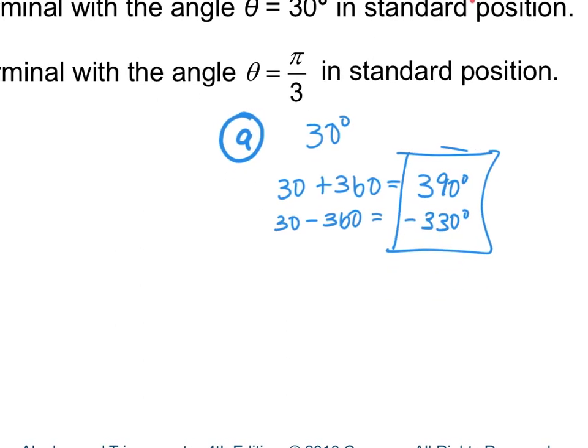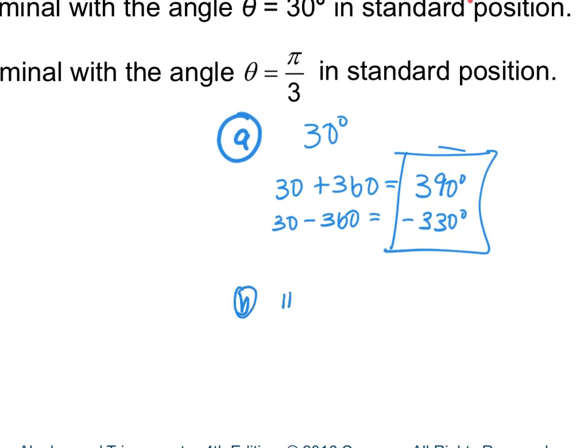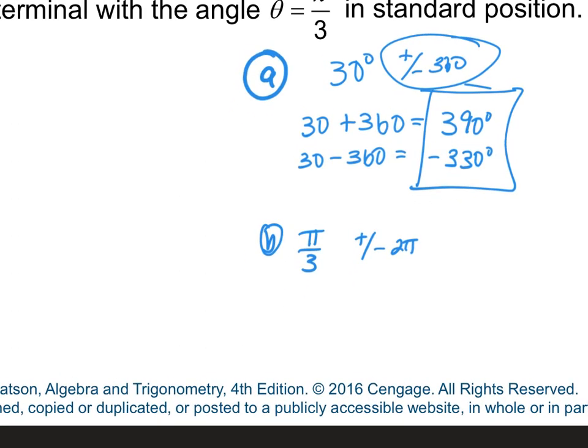So if I have pi over 3 and I'm looking for coterminal, okay, here's my angle, pi over 3. When I see pi over 3, what do I think? I think plus or minus 2 pi. Good, plus or minus 2 pi. Okay, this is a little more involved because we have to get a common denominator, but whatever. So remember, the angle goes first. Pi over 3 plus 2 pi.